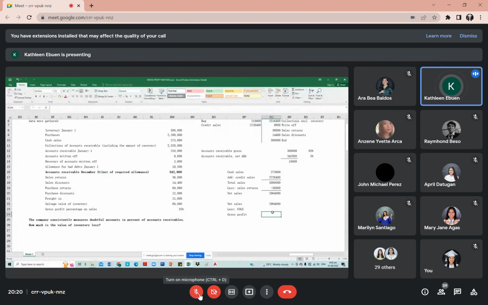Gross profit, hindi rin given. So, binigay sa atin the gross profit percentage of 32%. Based on sales daw, so 100% natin si net sales, si cost of goods sold, 68%, tama? So, magkano ang cost of goods sold natin?